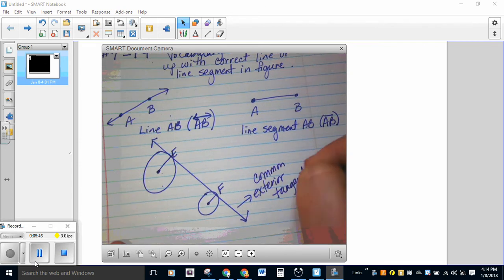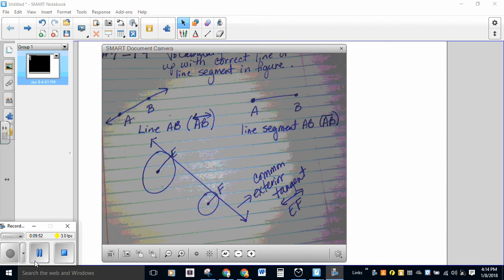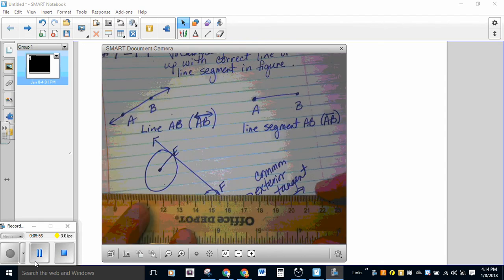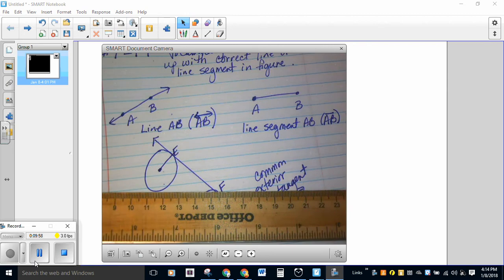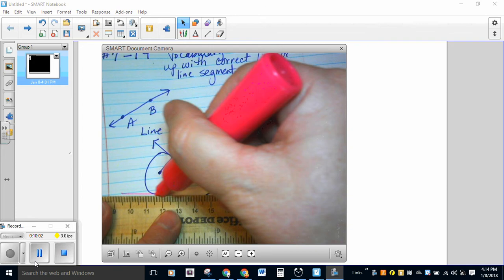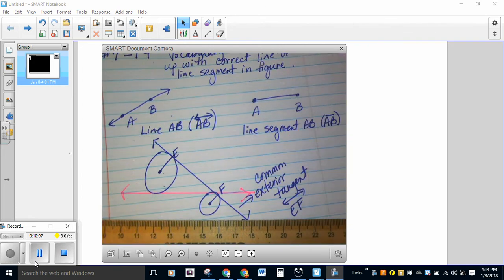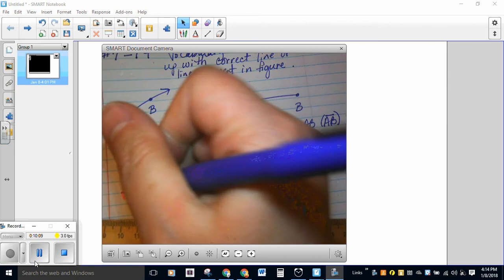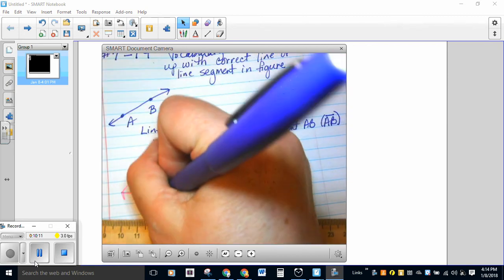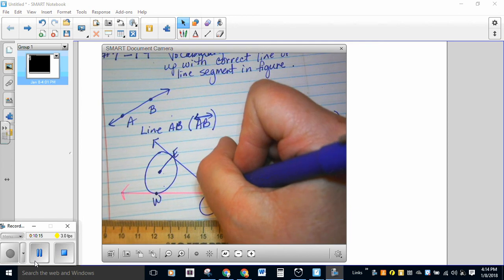And of course it is a line, so it would be line EF. Okay, that would be the common exterior. The common interior would be in between.